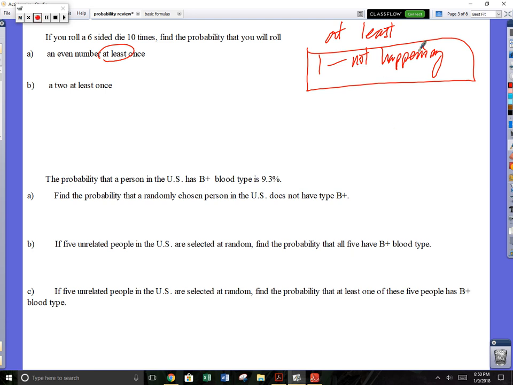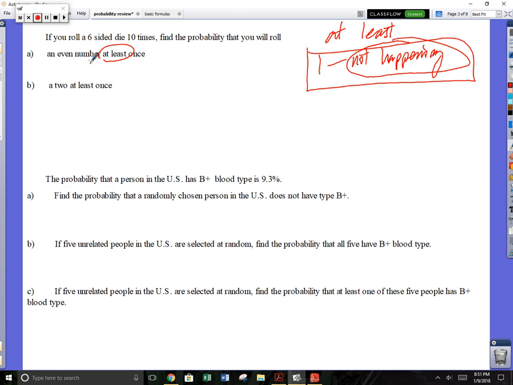And it is so much easier to find the chances of it not happening than it is to go through all the scenarios. Because if it's an even number at least once, 1 even number wins, 2 even numbers wins, 3 even numbers wins, 4 even numbers win. The minimum of an even number once wins. So you've got to account for everything, which sucks. So here we go.